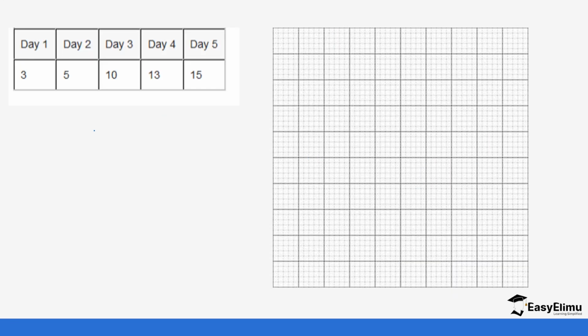Finally, the last question. So we have days and specific data points. We are going to put the days on the x-axis. So we have day 1, day 2, day 3, day 4, and day 5. And then we are going to place the other data points on the y-axis.